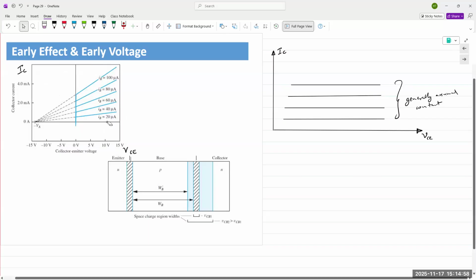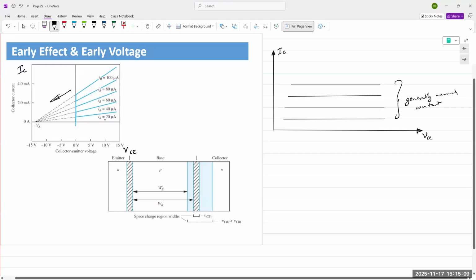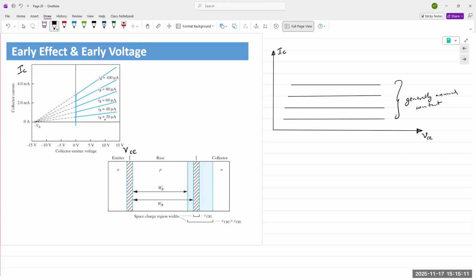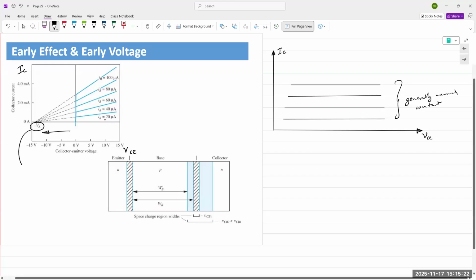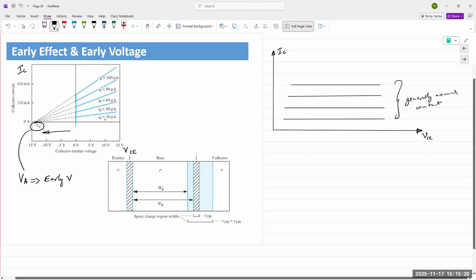And if you take and extrapolate these plots, along with the curve that they make in the first quadrant, extrapolate it back onto the negative side, then they all merge at a single point. That single point is labeled as VA, the early voltage.